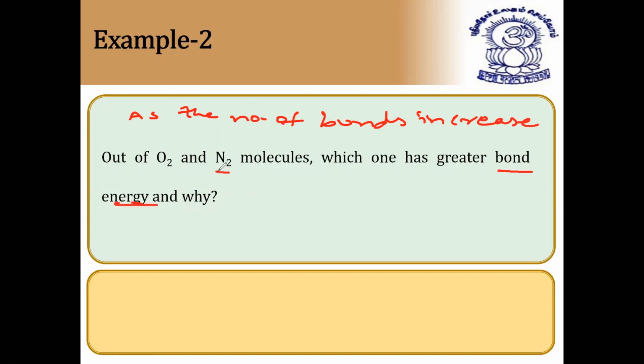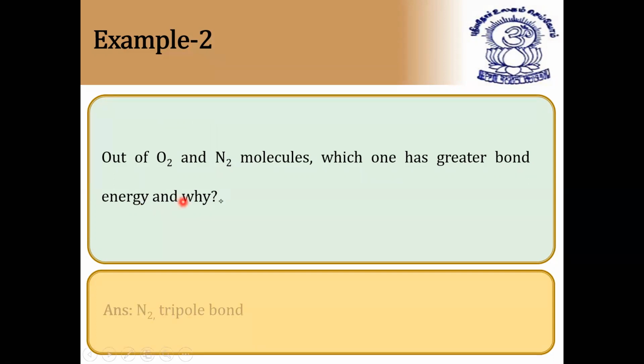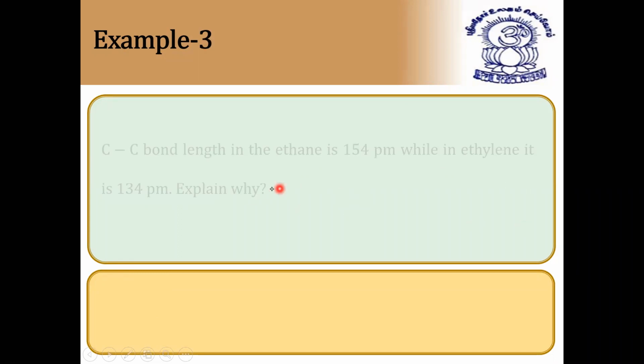So the answer is nitrogen, because oxygen is O double bond O and nitrogen is N triple bond N. Already we know this.